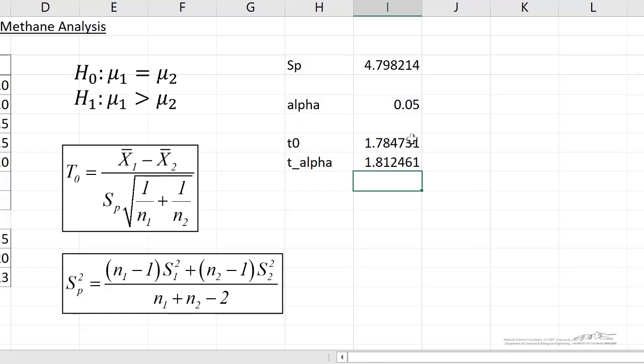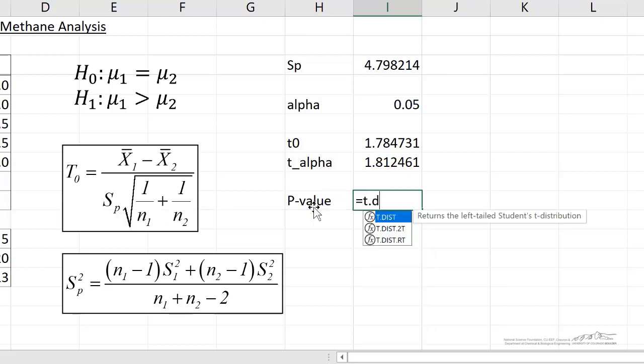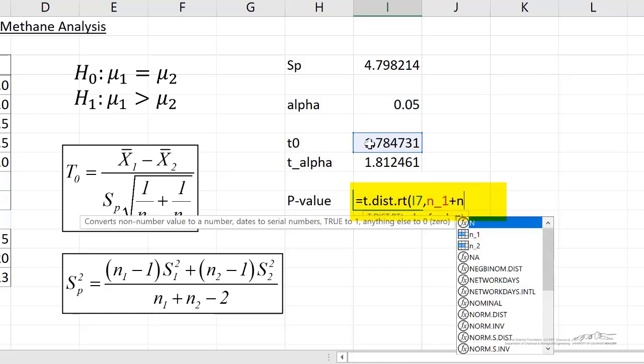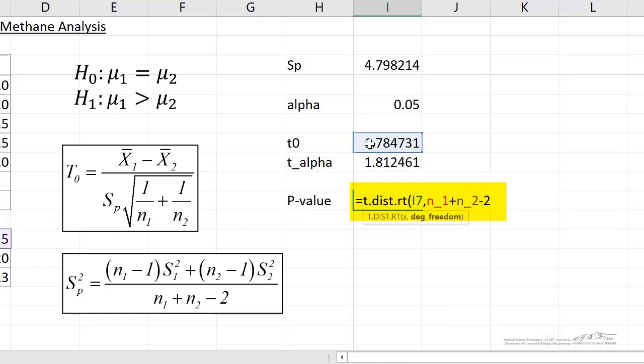Since our test statistic does not exceed our critical t alpha, we can conclude that we reject the alternate. We could also real quick calculate a p-value. The p-value is just the area to the right of our test statistic. We can do that using the T.DIST.RT function of our test statistic with N1 plus N2 minus 2 degrees of freedom, and that's about 0.052. So our p-value is not quite less than our alpha, and so we reject the alternate hypothesis.